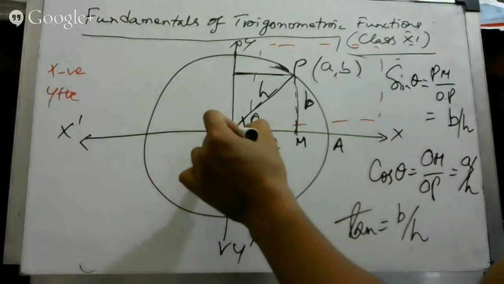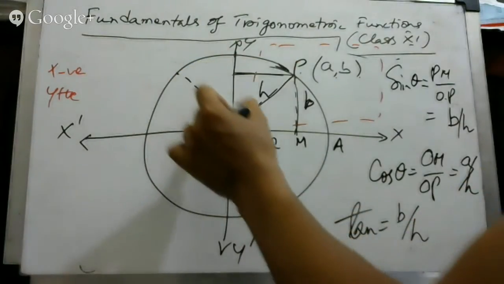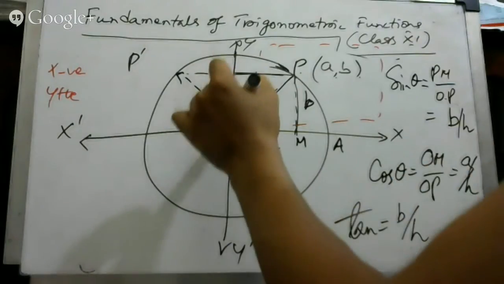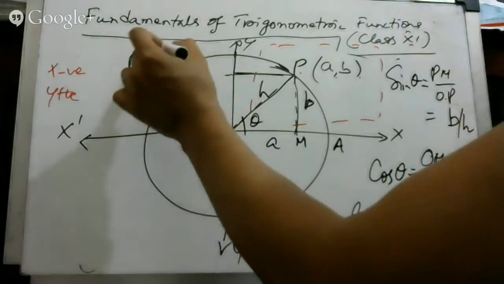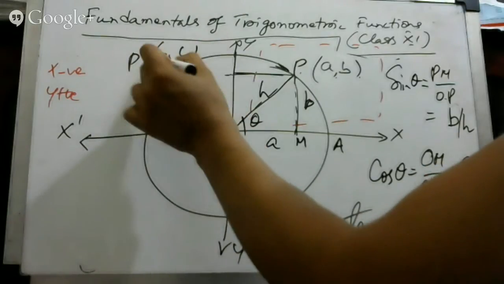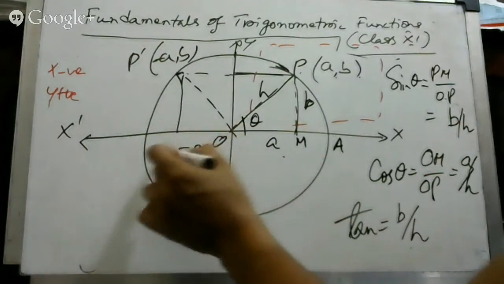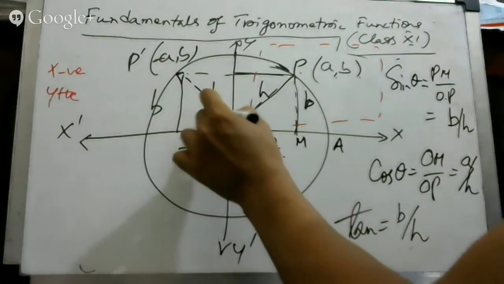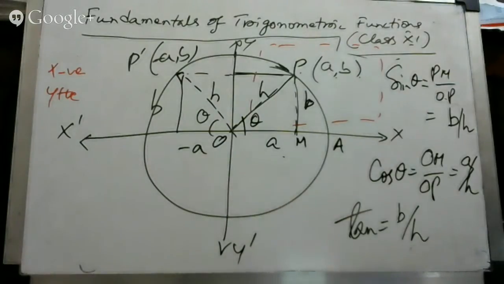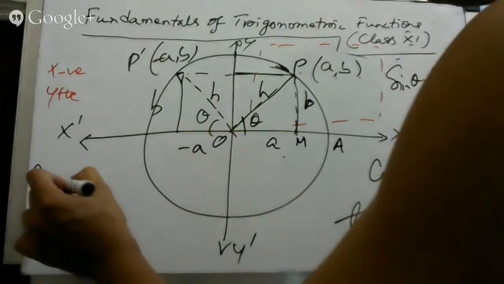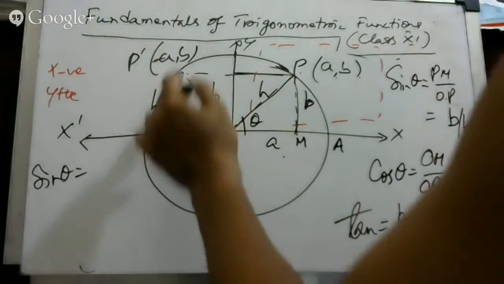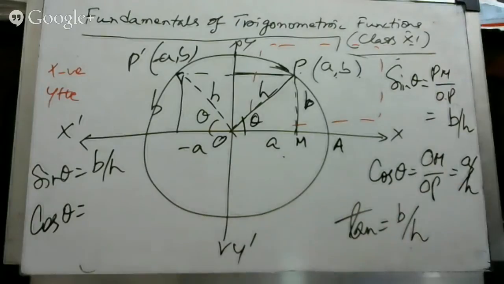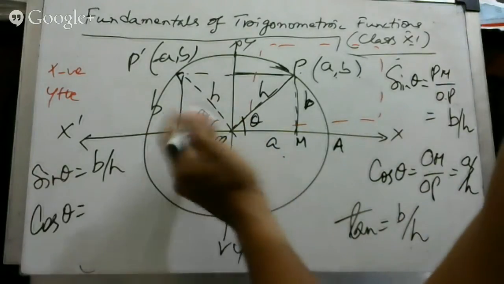Okay. So as we move, say this P comes to here, P prime, such that this distance remains B, but here it becomes minus A. So this side is A, this side is minus A, and this distance remains because Y is positive and this is also H. And suppose it is the same angle. So in this case, sine theta is B by H. Now cos theta, we have A by H, but A is negative, because A has moved this side.